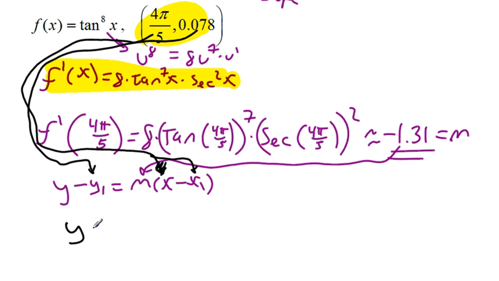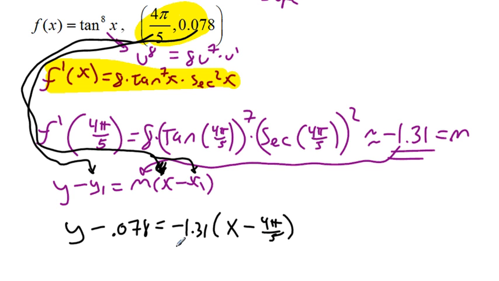So y minus, let's see, our y1 is 0.078, equals my m, which is negative 1.31, times x minus 4 pi over 5. And you could write that as a decimal, and I'll probably write that when I'm done here.